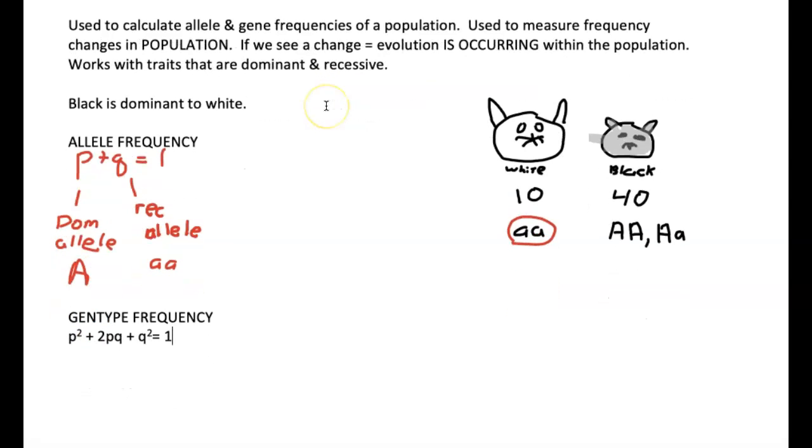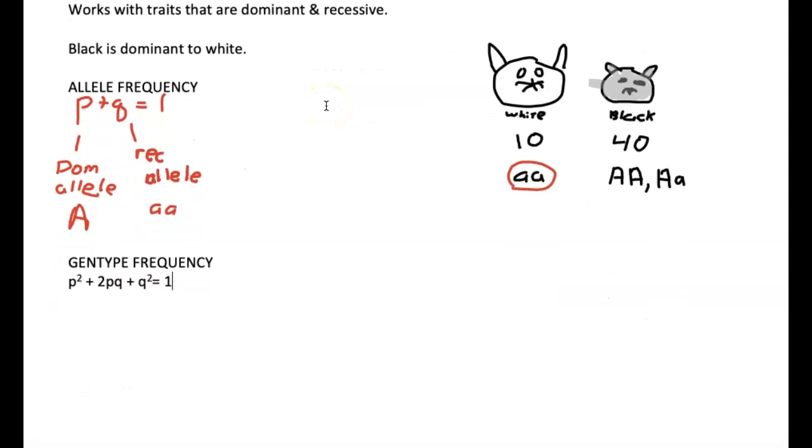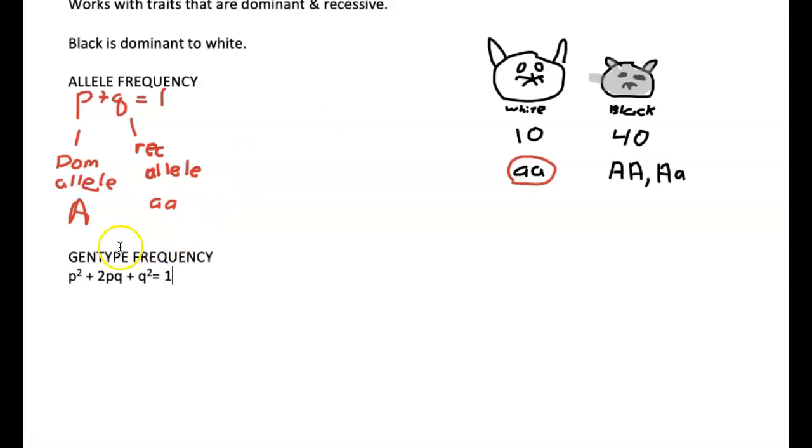Now when we're working with genotype frequency, let's go back here. p squared represents big A, big A. That's the genotype.